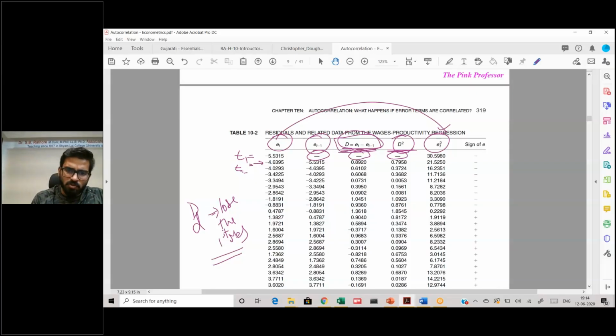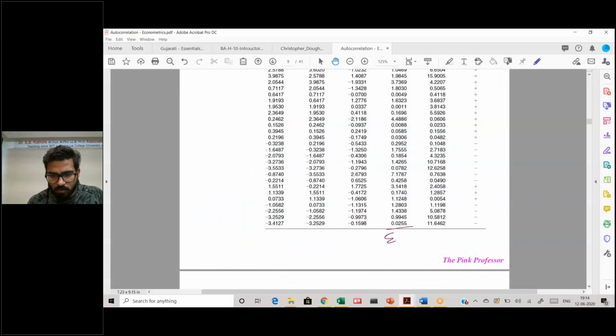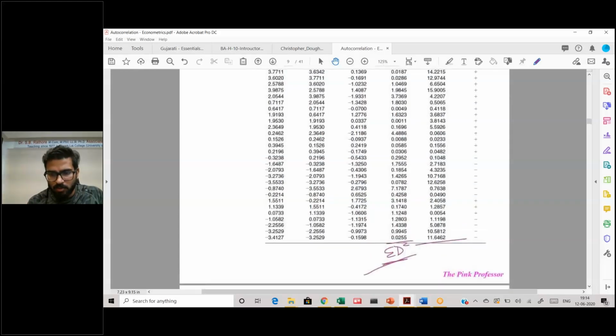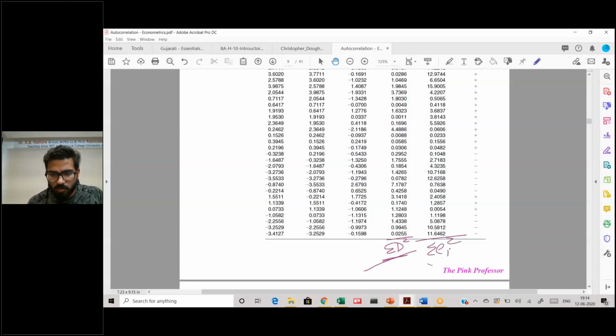There cannot be an error from the first observation itself, because there is no previous term. That's why you lose one error term, and you find the sum of the squared differences and divide it by the summation of the RSS.